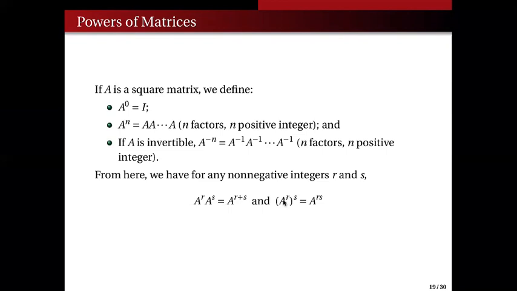And A to the R raised to S is the same as A raised to R times S. Questions? These properties, you've seen in the set of real numbers. So they still hold. They are still true for matrices.